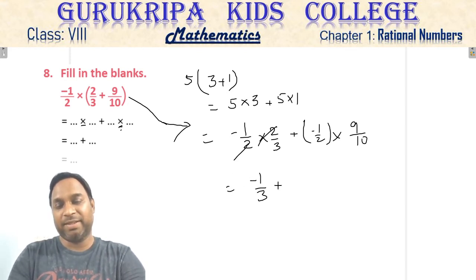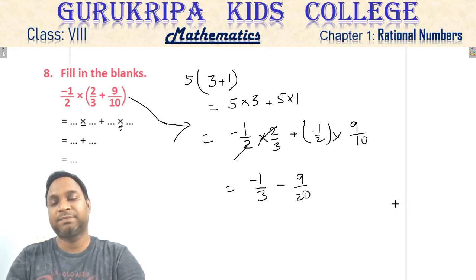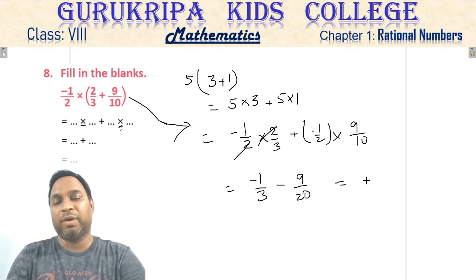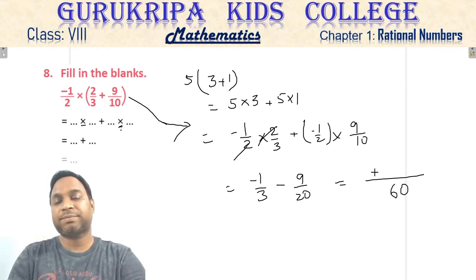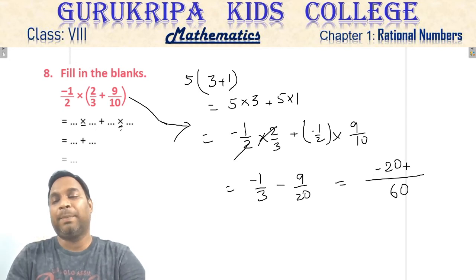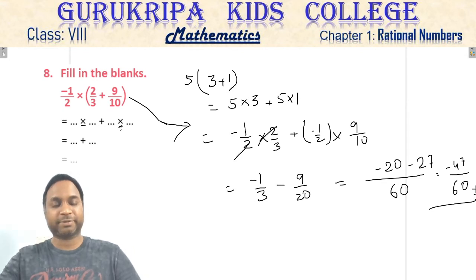Minus 1 by 3 minus 9 by 20. Now you have to take the LCM and solve it. LCM is 60. Minus 20 minus 27, minus 47 divided by 60.